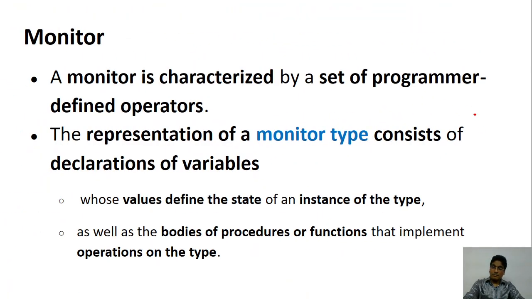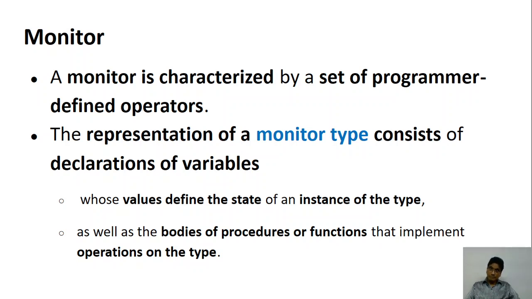If you have a variable, let me call it int i, then somewhere within my program I can say i plus plus. So the plus plus operator works on it. Similarly, when I have the monitor, which is a type, I can also have an operator that operates on it.